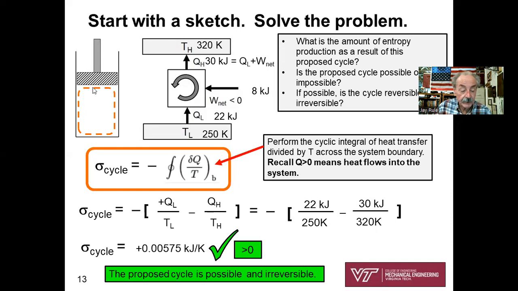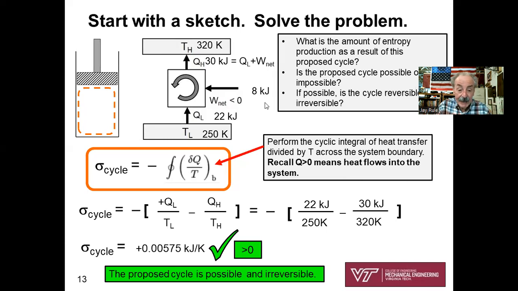All right. My piston and cylinder. Now, I've got to have the sketch. Given information: 22 kilojoules was removed from the low temperature reservoir. I immediately put in the temperatures of my reservoirs, 320 and 250. Also given, it's proposed that we're going to use 8 kilojoules of net work to run this refrigerator.